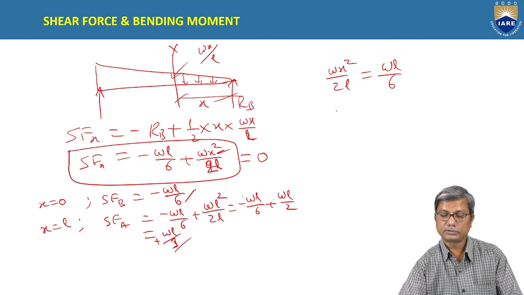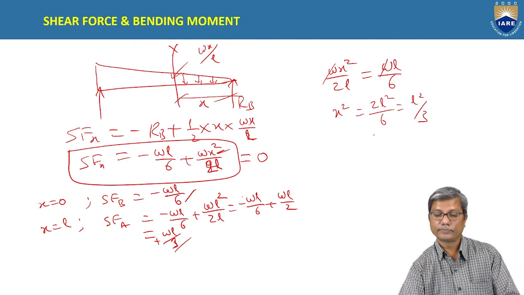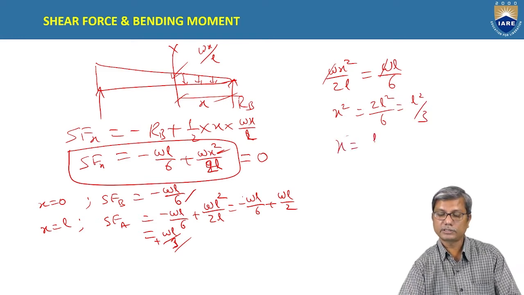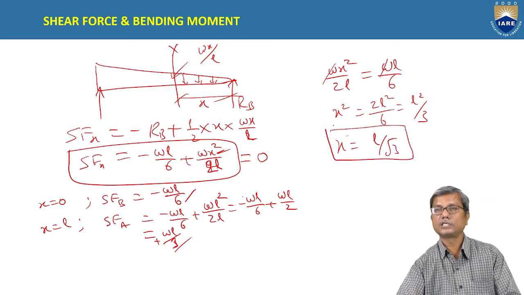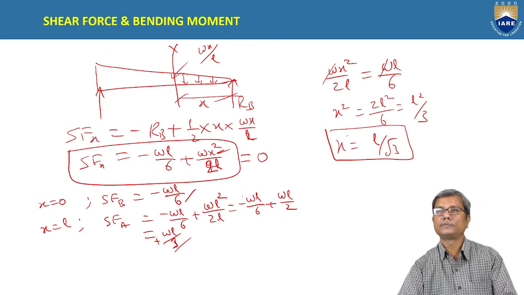Okay, so from this, you will get x square, W cancels, x square equal to 2L square by 6 or L square by 3. From this x is L by root 3. So at a distance of x equal to L by root 3, the shear force changes sign.